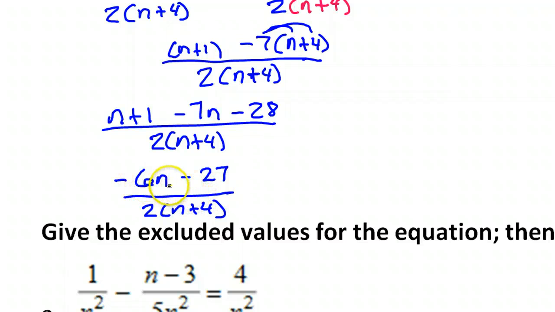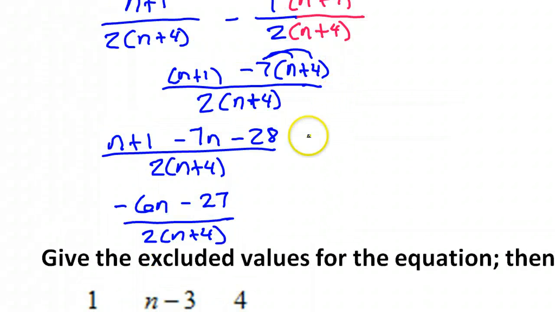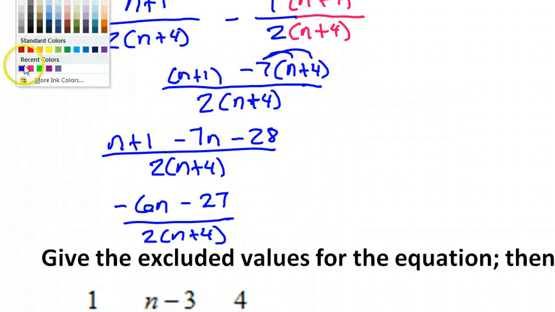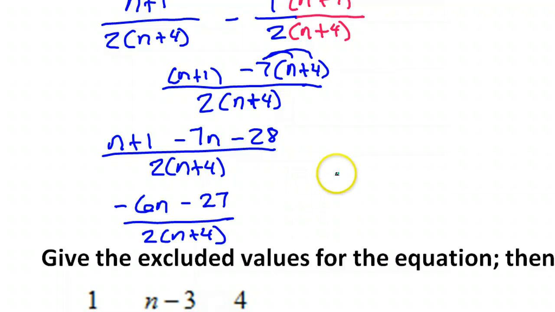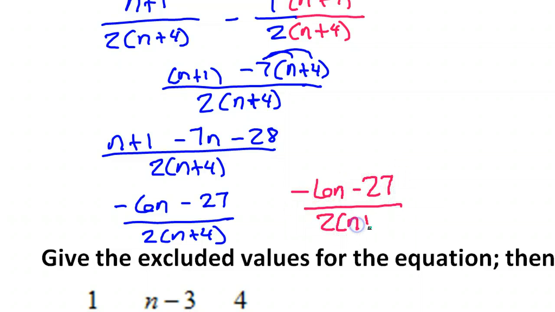I see that there's a GCF here of 3, or -3, but that's not going to cancel out the 2 or anything. So really, this is the answer. Let's go ahead and write that down: -6n minus 27 over 2 times n plus 4.